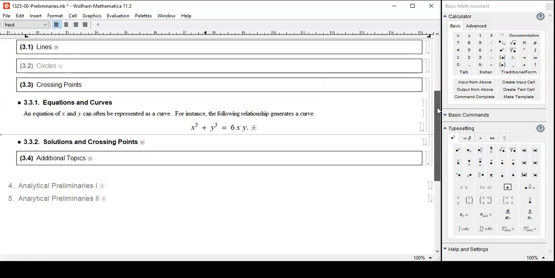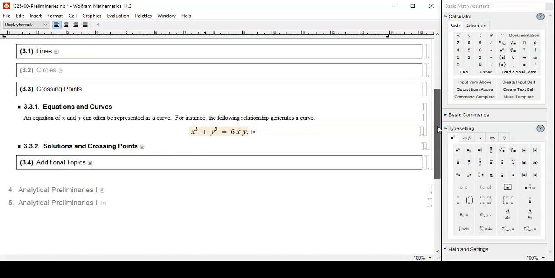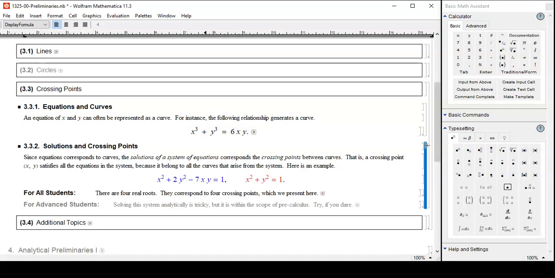So, what's the moral of the story? You may need some technology help, but it turns out that an algebraic equation of x and y often forms a curve or several pieces of curves. Now, what if you have more than one equation, or a system of equations? For instance, this equation blue and that equation red.